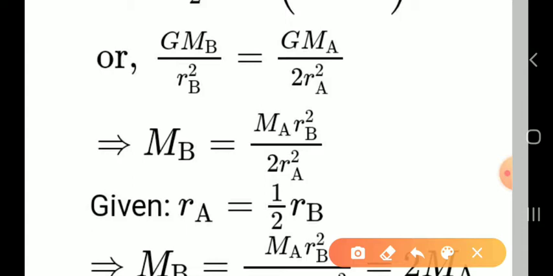G and G will be cancelled out because if we do cross, one will be in the numerator and the other in the denominator. So it will become Ma r square B in the numerator, and down already it is 2r square A.